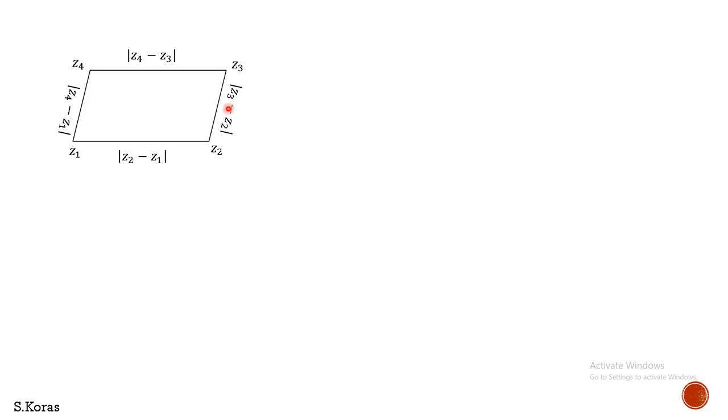Moreover, a parallelogram may be a square or rectangle or like this. It's okay. Anyhow, if you want to prove this is not a square or not a rectangle, then you have to prove these 2 diagonals are not equal to one another.